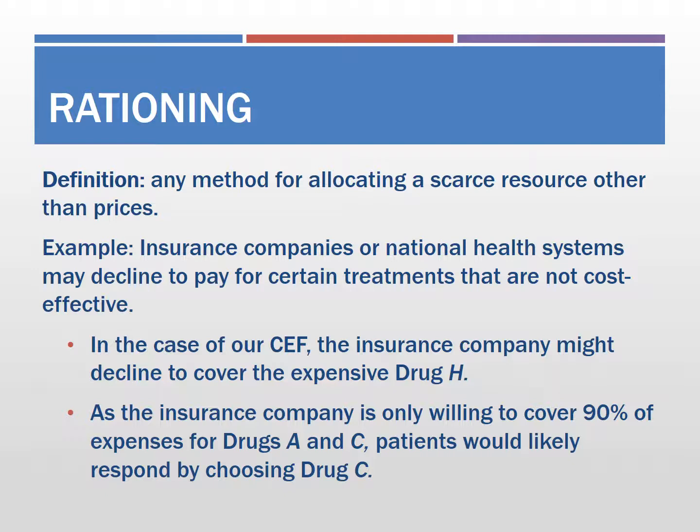In the case of our cost-effective frontier, the insurance company might decline to cover the expensive treatments for drug H. If it is only willing to cover 90% of the expenses for drug A and drug C, then the patient will most likely choose drug C as the original choice, because now the insurance company will not cover any costs for using drug H.